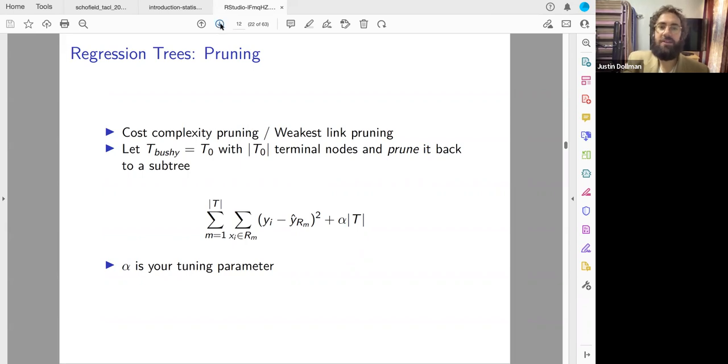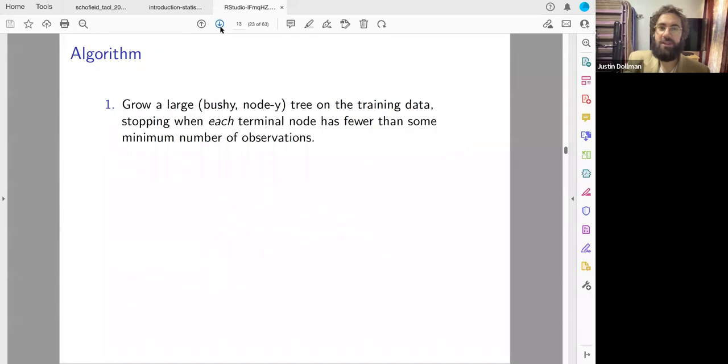And so with that equation in mind, we can now go to the algorithm for finding a final model. Basically, what I said earlier, you grow a large, bushy tree on the training data, stopping when each terminal node has fewer than some minimum number of observations, barring the possibility that you have a completely homogeneous node.